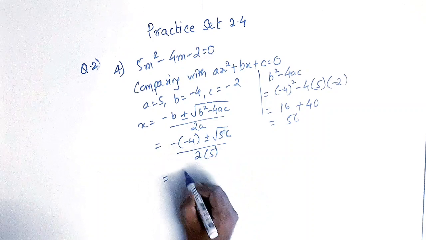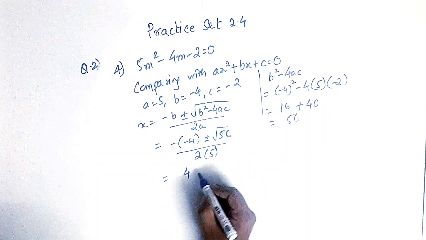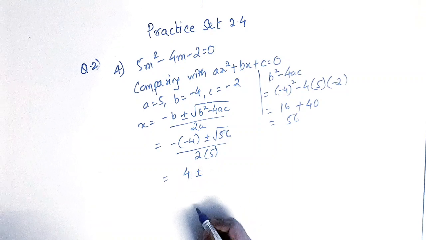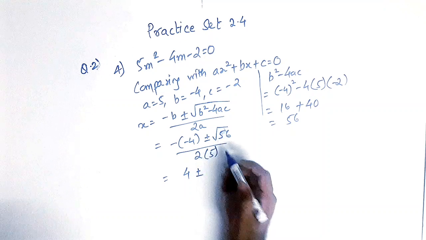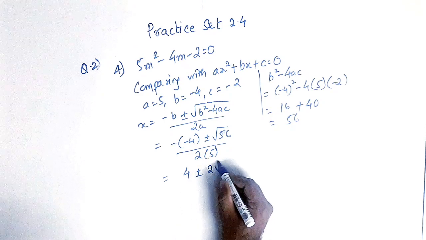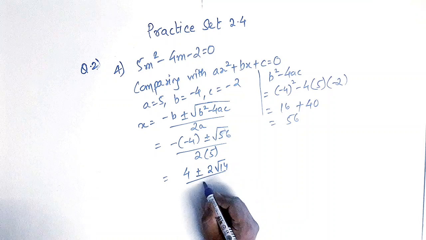So this becomes now 4, minus minus becomes plus, and plus or minus 56. You know the factors of 56. I can say 14 4s, because 13 4s is 52, 14 4s is 56. So I can write 2 root 14 upon 10.